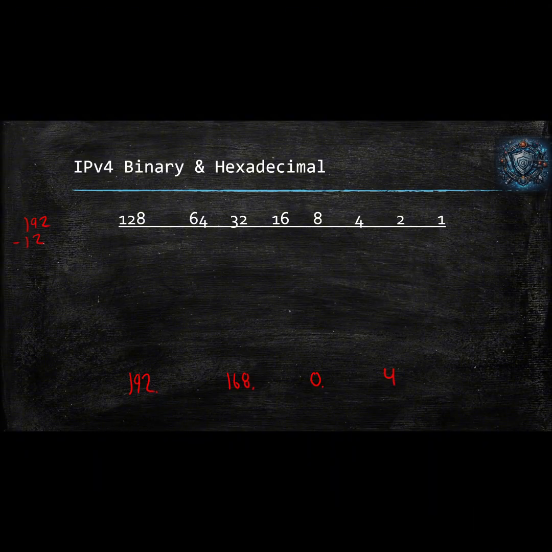We have to start with the biggest number that we can take. Since we use 128, we're going to put a 1 there. And that leaves us with 64. Well, we can take 64 from 64, and that leaves us with 0. So we put zeros the rest of the way because we are done. That's it for 192. So the binary value for 192 is 1, 1, and then 6 zeros.